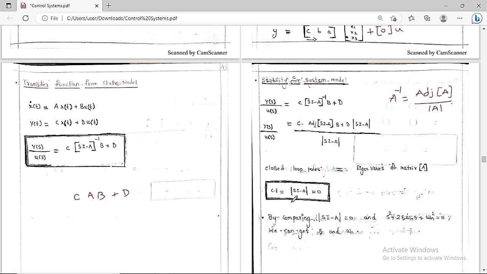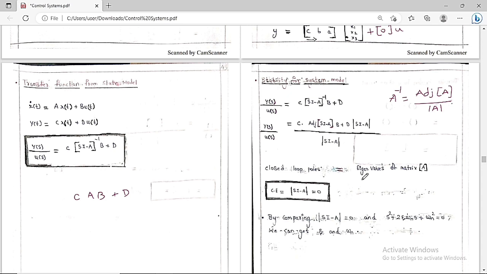These closed loop poles are nothing but the eigenvalues of the matrix A, because to figure out the eigenvalues of the matrix A, the format is the determinant of sI minus A equal to 0. Similarly, to figure out the closed loop poles, we use the determinant of sI minus A equal to 0.